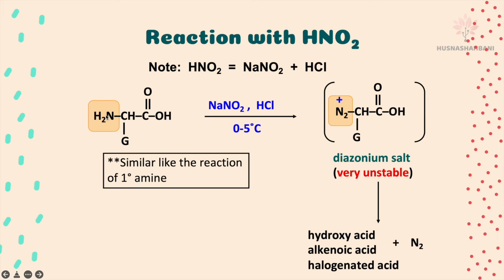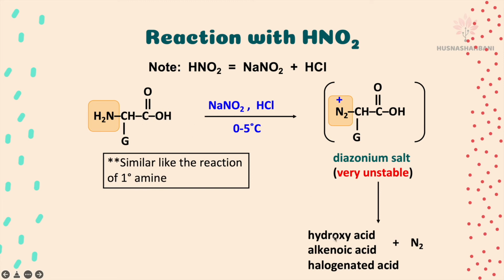When a primary amine reacts with NaNO2 and HCl under 5 degrees Celsius, it will become a very unstable diazonium salt. And the product will be alcohol, alkene, or alkyl halide, but not just alcohol or alkene, because it has the COOH part.